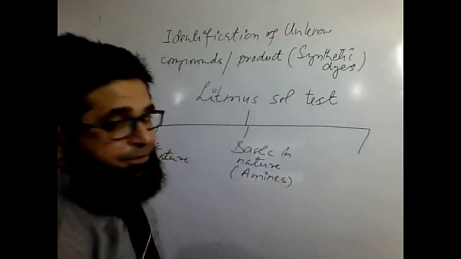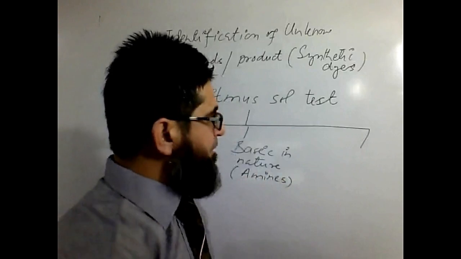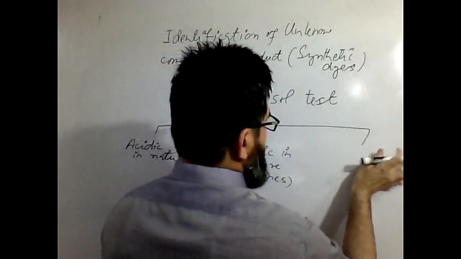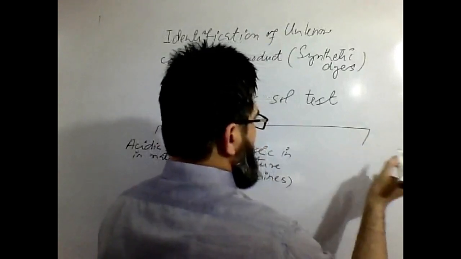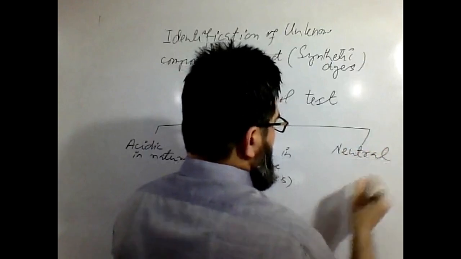is concerned. Thirdly, the litmus solution may come up with the result that the given solution is some sort of neutral entity.